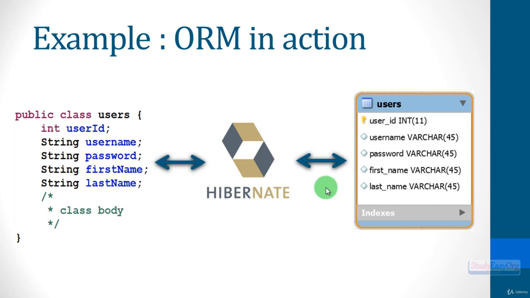Now in the big picture, whenever we would like to store some information in the database, we can directly pass an object of this class Users to Hibernate, and Hibernate will map this particular object to your table in the database and store this information in the database.